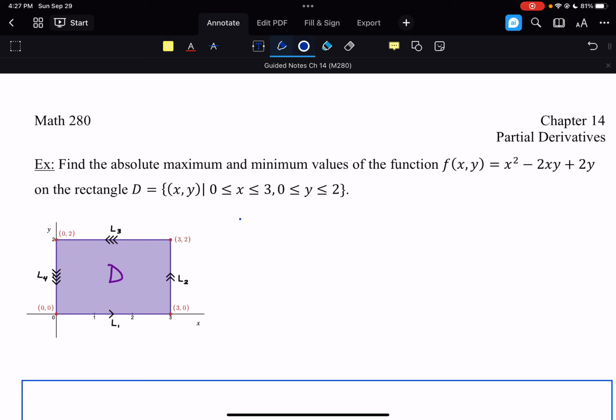So fx is going to be 2x − 2y, and fy is going to be −2x + 2. Setting these equations to 0, the second one gives us x = 1. Plugging it into the first one and setting it equal to 0 gives us y = 1.